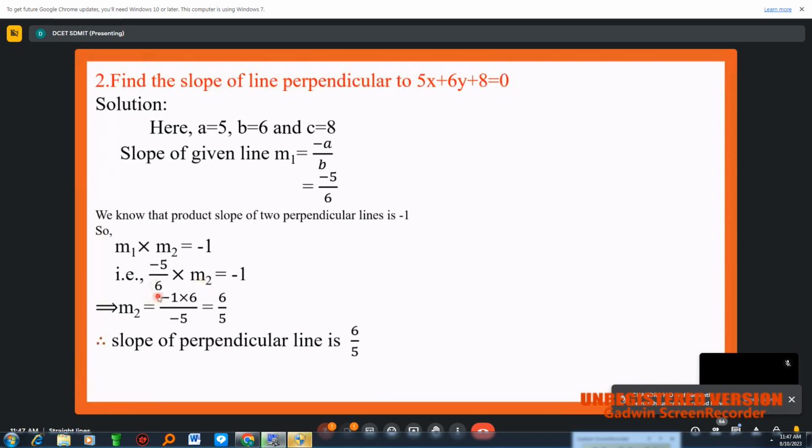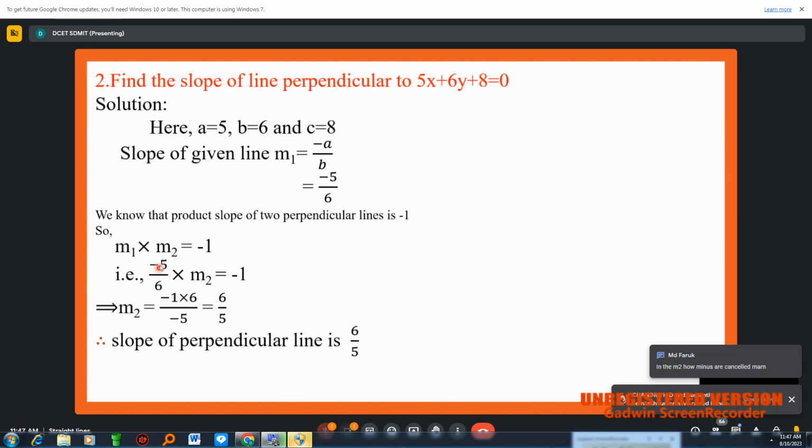So now this is nothing but minus 5 by 6 into m2 is equal to minus 1, right? Then we have to find the value of m2. m2 is nothing but minus 1 into, so now I have to take this minus 5 by 6 to this side, right?